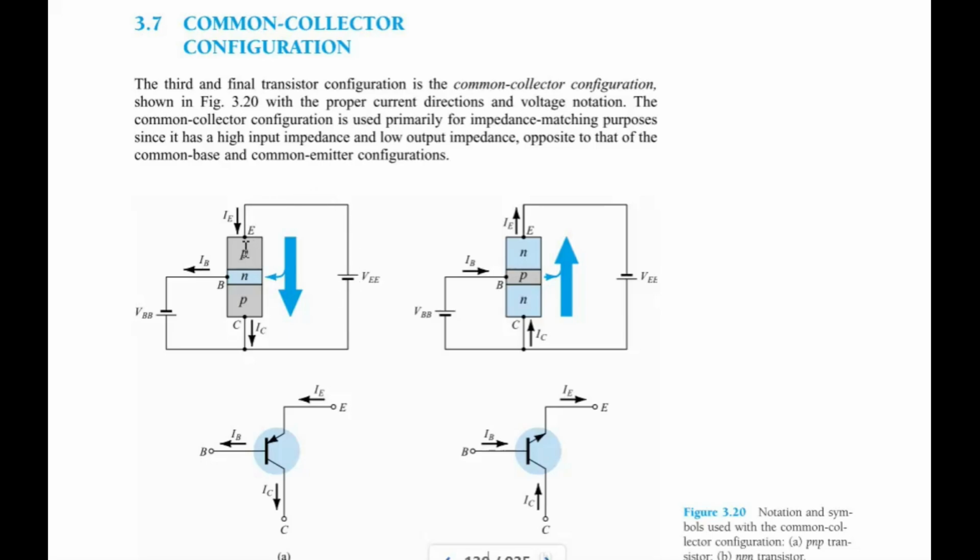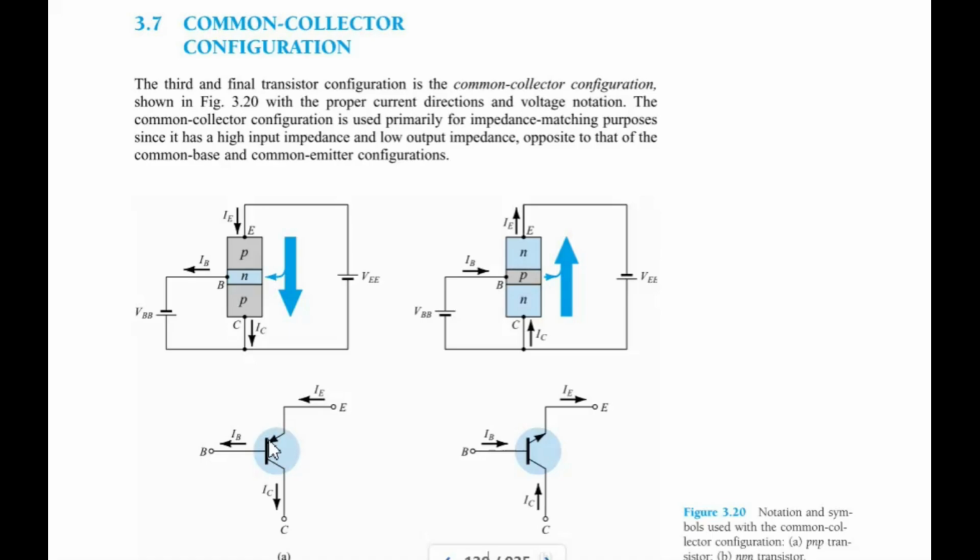As I already explained how the current flows, we will talk about its arrow and its flow of current. Here IE, the current from the emitter, is equal to IB plus IC, but in an NPN transistor it will be IC plus IB equal to IE. Here you can see precisely that the direction of the arrow will be inward, on the emitter side, on the top side of it.